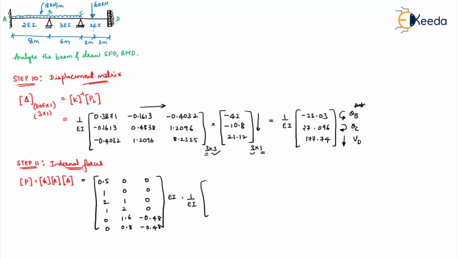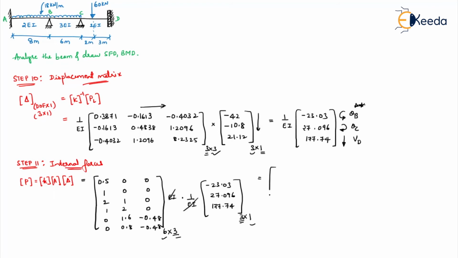So what's your delta which you have here? Minus 23.03, 27.096, 177.74. So this EI will get cancelled. This is a 6 into 3 matrix, and this is a 3 into 1 matrix. So here it's 3 and 3, so you will get a 6 into 1 matrix.